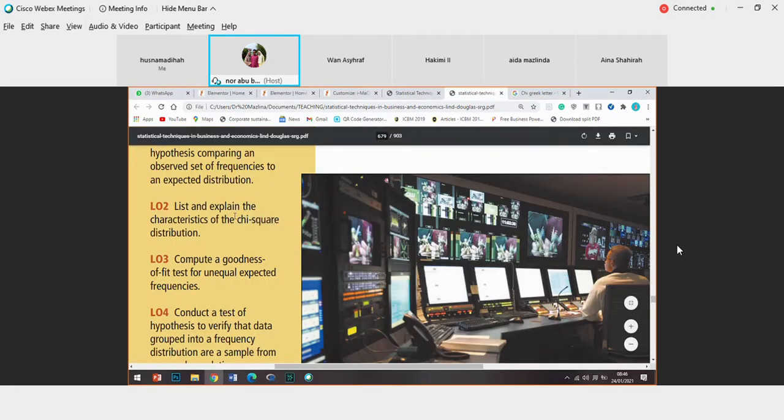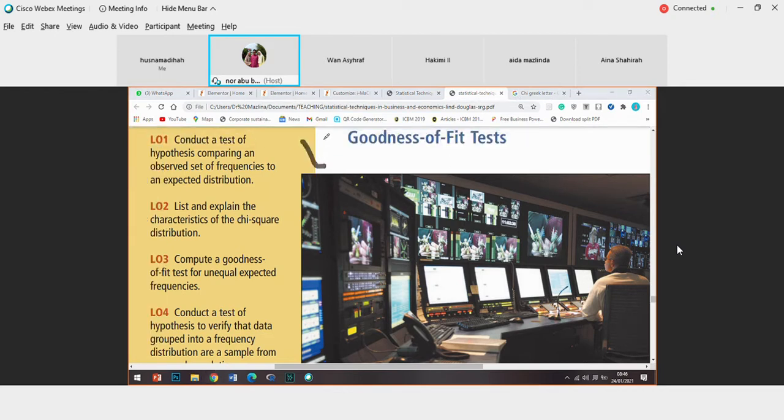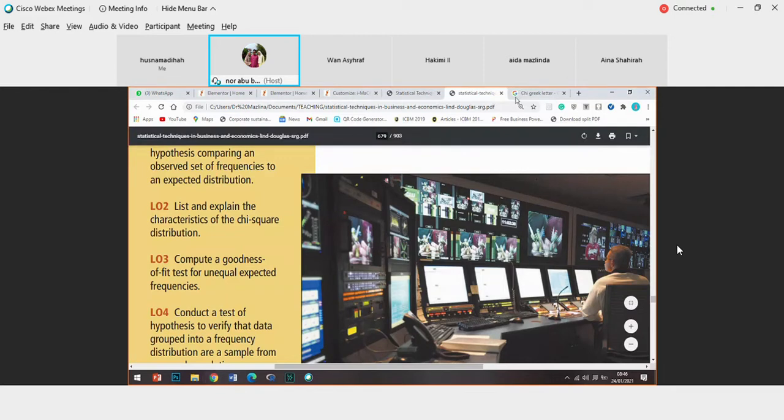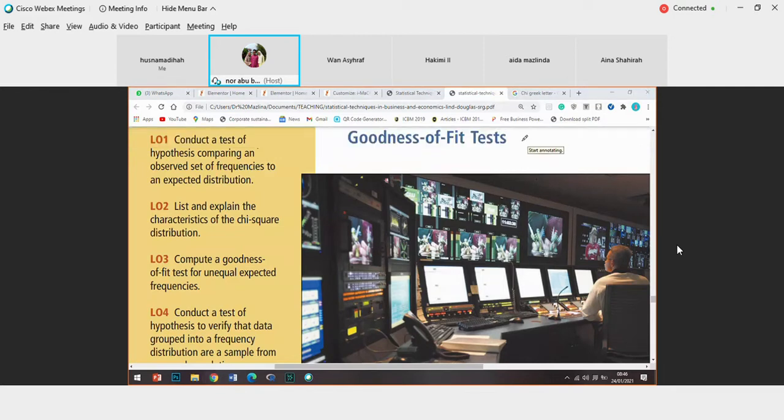Okay, dan ini adalah chi-square, jadi kita akan guna simbol chi. Oh, saya suka macam ni, sorry this is the way I do it. Okay, chi-square. Okay, usually what I do is like that.